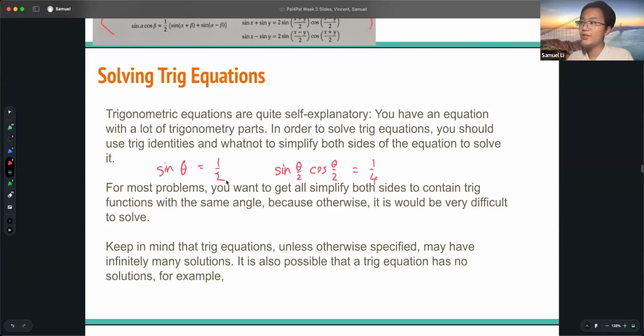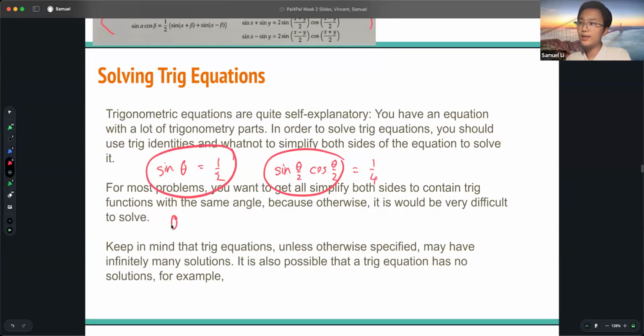So the idea behind these questions is to somehow rewrite the complicated trigonometric parts into something we know is more manageable. Also, it is really important to keep in mind that a lot of equations just say solve sine theta is half.